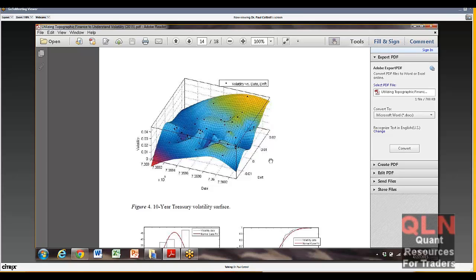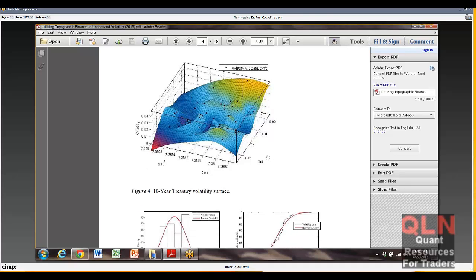You got your volatility in your Z. And your data points here are what actually took place in that day, what the volatility was and the drift was at that point in time. Remember, we're using the Black-Scholes parameters as variables in the surface.